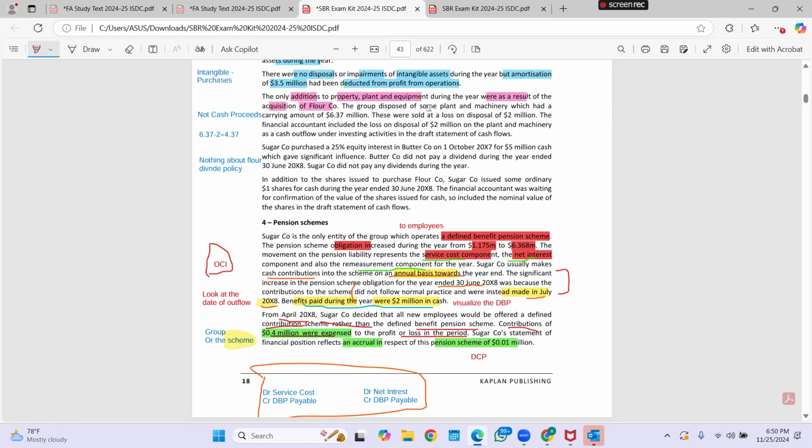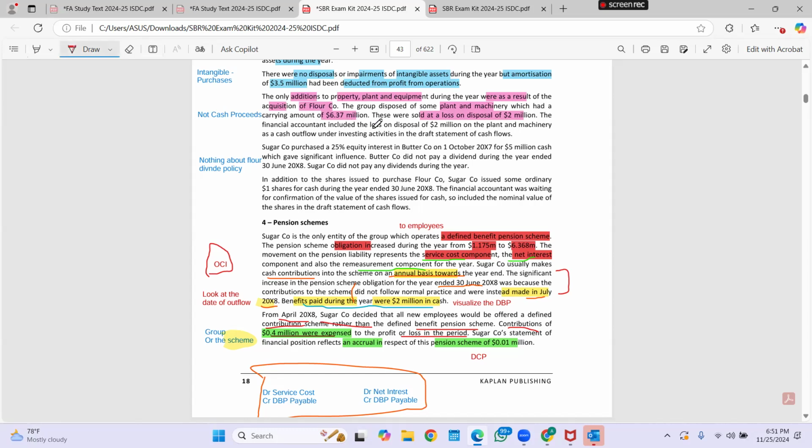The group disposed of some of its PPE, which had a carrying amount of 6.37 million. They were sold at a loss on disposal of 2 million. Now see what the financial accountant has done.